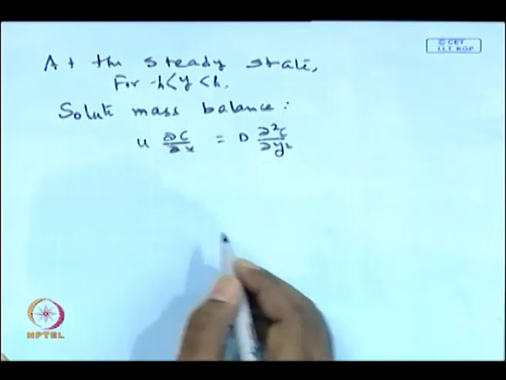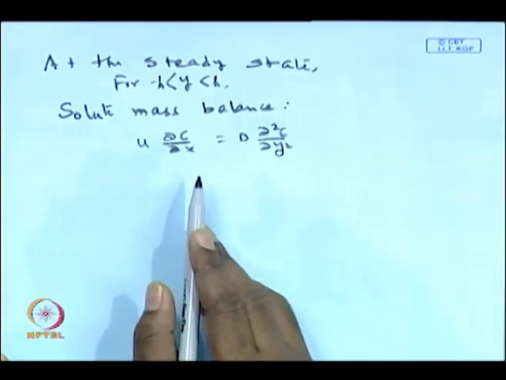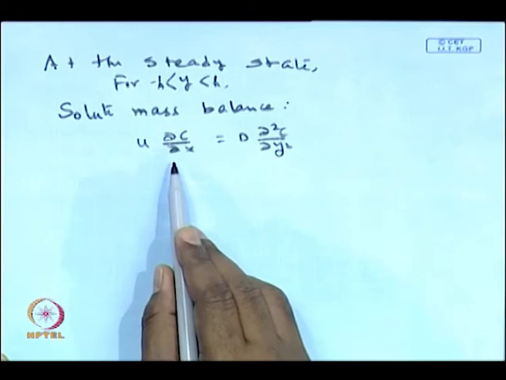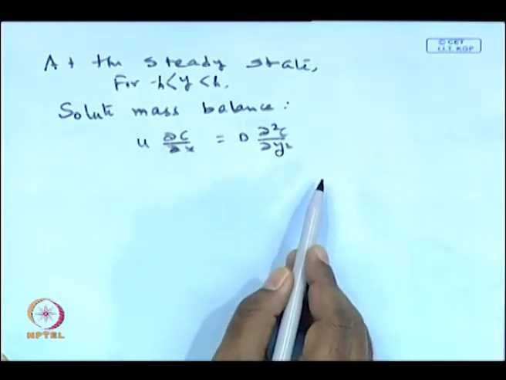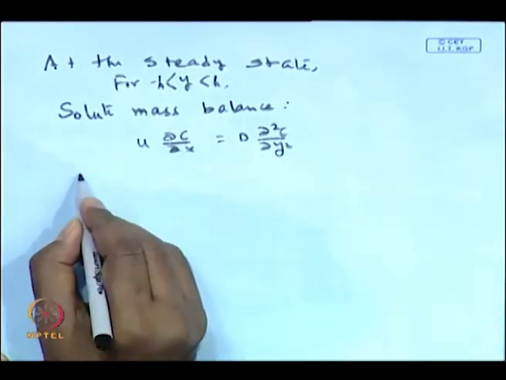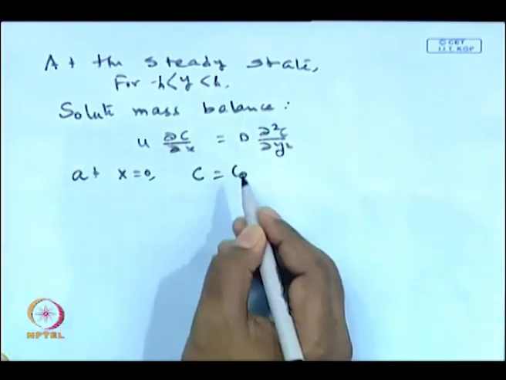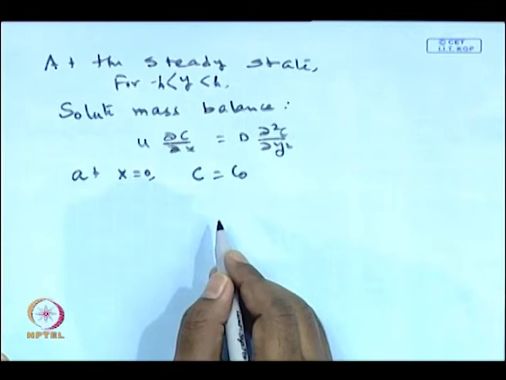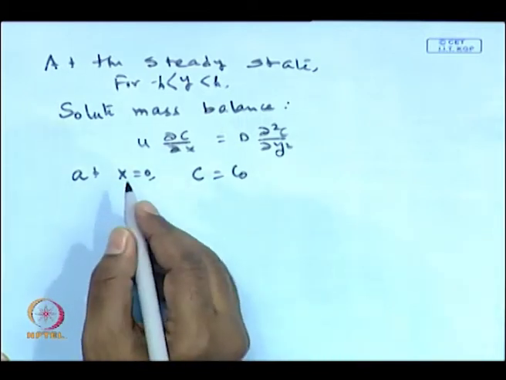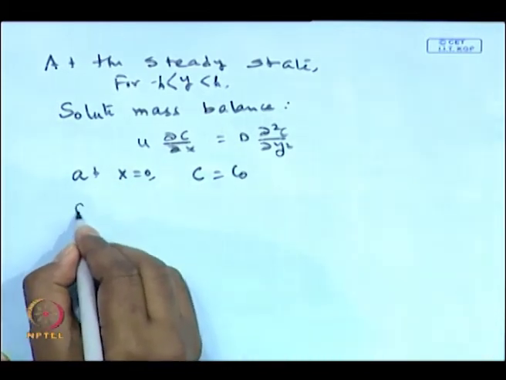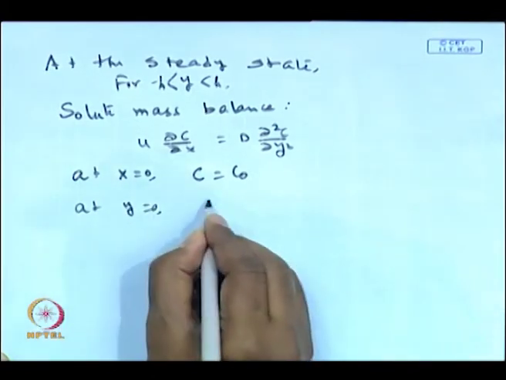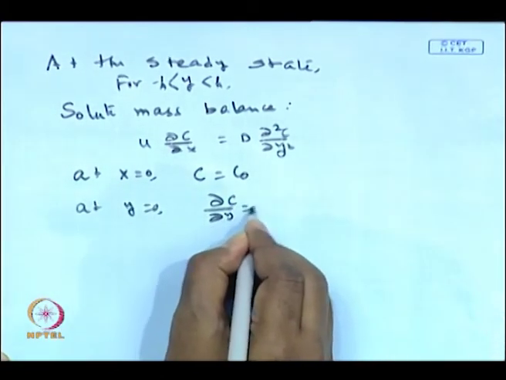So, we require to have one boundary condition at x is equal to 0 and two boundary conditions on y. Okay. So, at x is equal to 0, we had C is equal to C naught, that is the feed concentration that is going into the system, and at y is equal to 0, you had del C del y equal to 0.